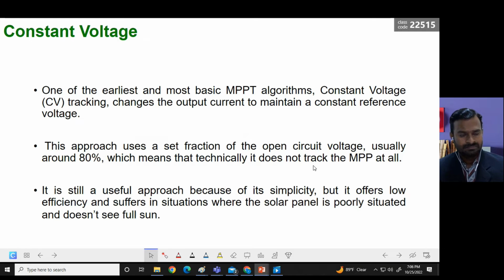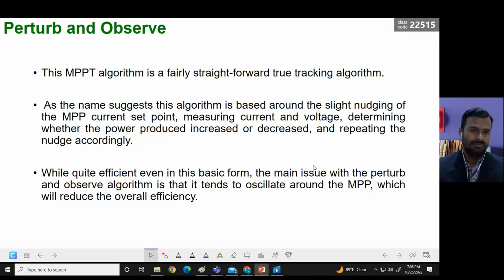So this is the constant voltage approach, which is not very accurate, so they go for the perturb and observe method. It is very simple and also more efficient. What they do is, from the short circuit condition, they increase the load slowly, and when we increase the load, the current slowly decreases and the voltage slowly increases.